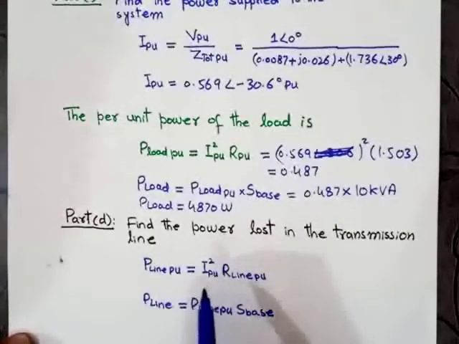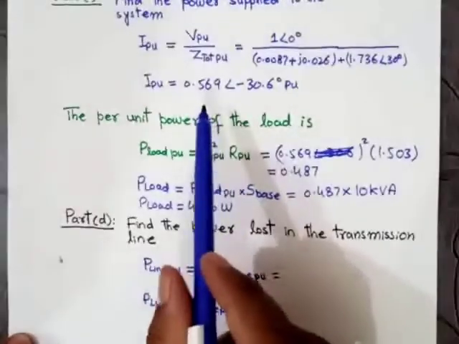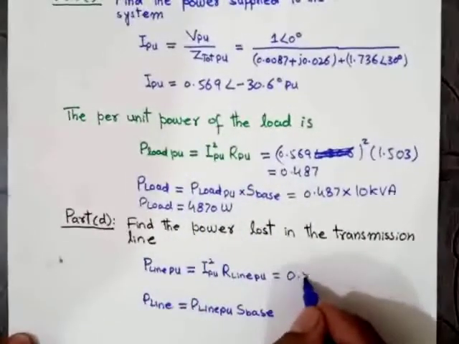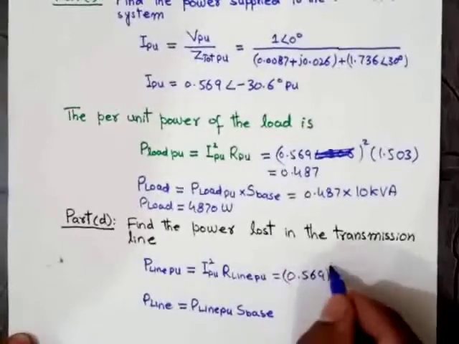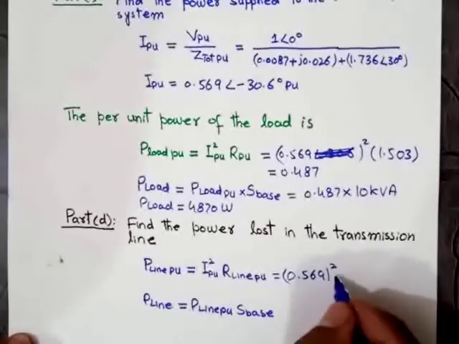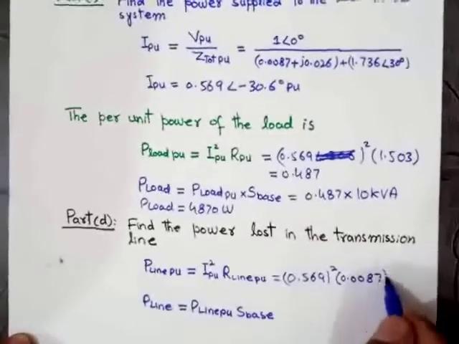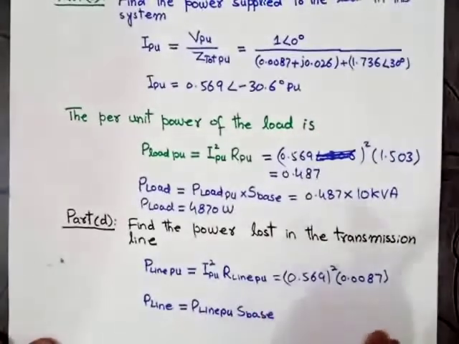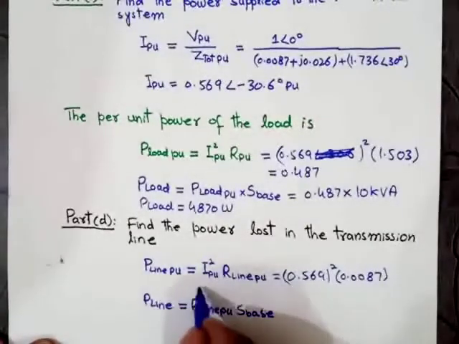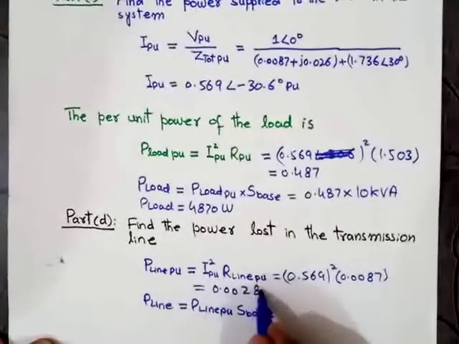So putting the value of I and R in this equation, as we have already calculated, the value of I is 0.569. Putting the value of I, 0.569 squared, into the value of R line, as we have already calculated, 0.0087. After solving this equation, we get the line power in per unit equal to 0.00282.